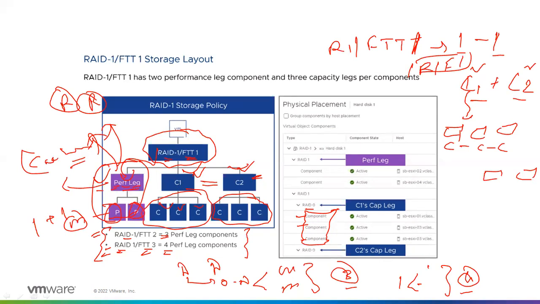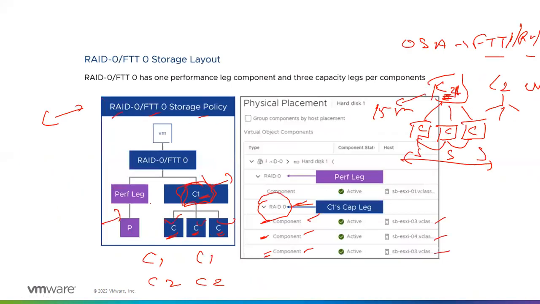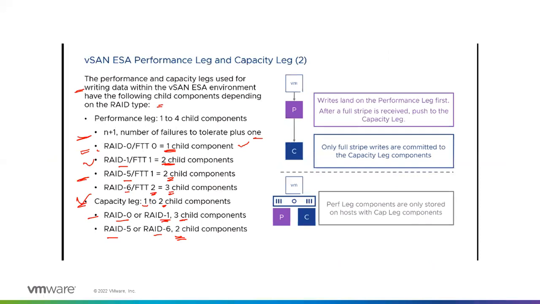Now, you can ask: if C1 is on three places, why is the performance leg on two places? Still, the policy is the same. The reason is what the policy said here: RAID 1 FTT1, two child components for performance leg. For capacity leg, RAID 0 has three child components, while RAID 5 and RAID 6 in capacity leg have only two child components.